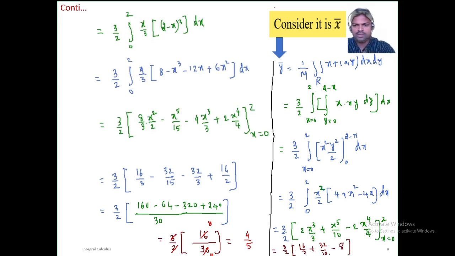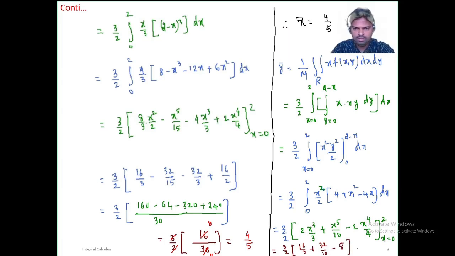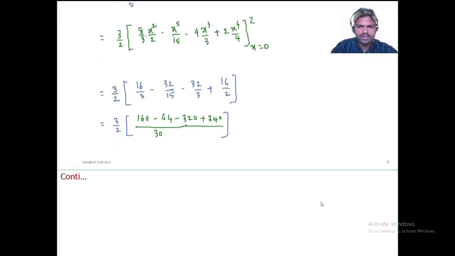Take this and simplify. So let me go to the next slide. So 3 by 2 into 16 by 3 plus 32 by 10 minus 8, and simplify this.